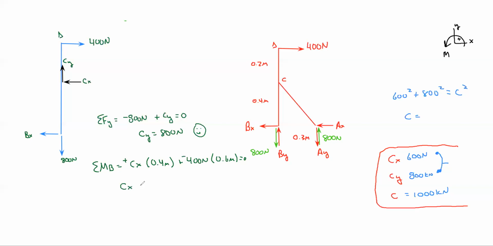So CX is equal to 400 newtons times 0.6 meters divided by 0.4 meters. That also gives us 600 newtons, which is also correct.